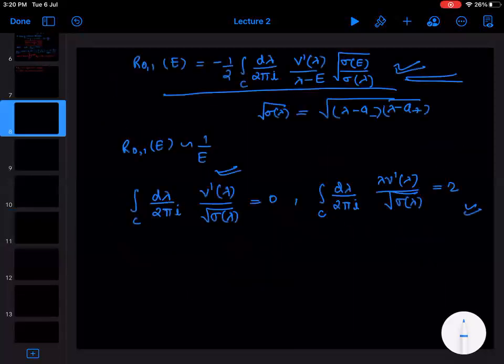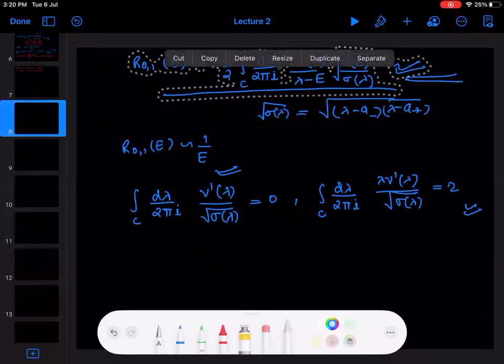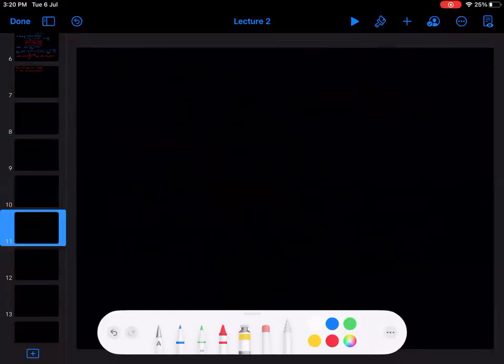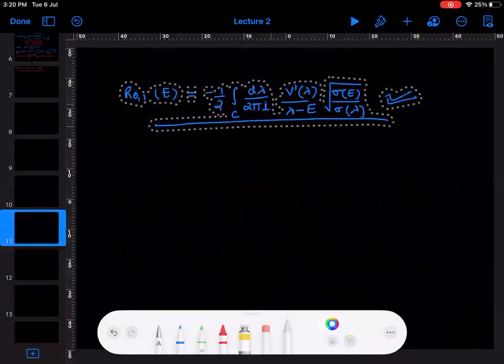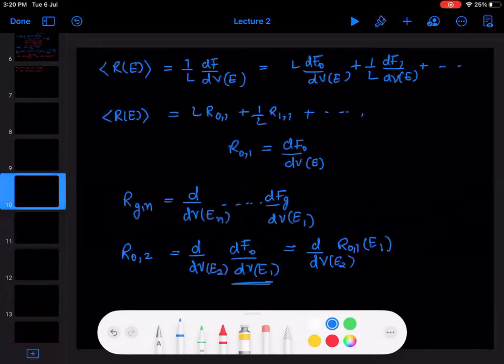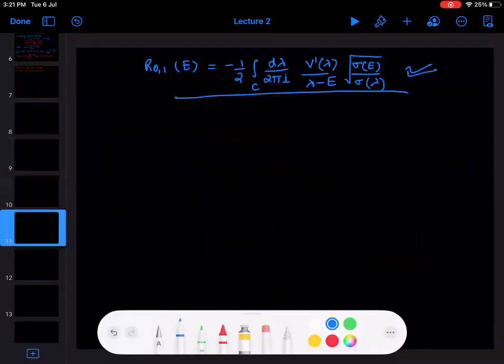Let me just copy this expression. What we have here in d/dV is the derivative with respect to the parameters Vn.